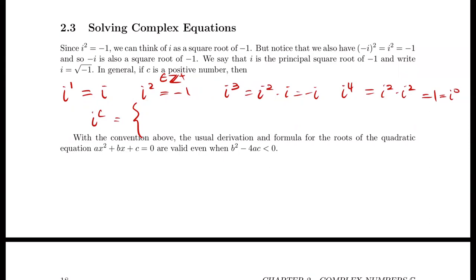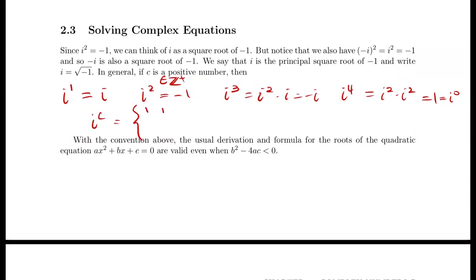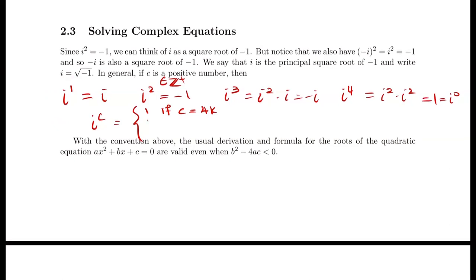So that means every multiple of 4, so 0, 4, 8, 12, 16, and so on, is going to be the same value, 1. So that means if c is equal to a multiple of 4, we get 1. If we have i to the power of 5, we could write this as i to the power of 4 multiplied by i. So that means we could have a multiple of 4 plus an additional 1, and that would always give us i here.